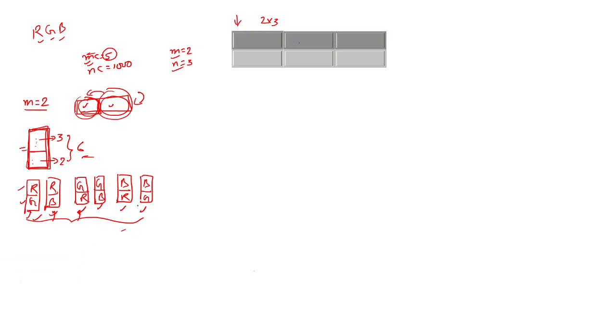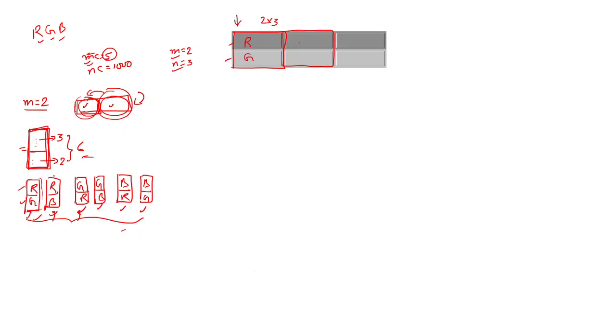Before that, let's see this here. If we take this particular string and put it in the grid, suppose I put R, then G here. Once you have put it here in the string, what is the next color that you can put in the next column?